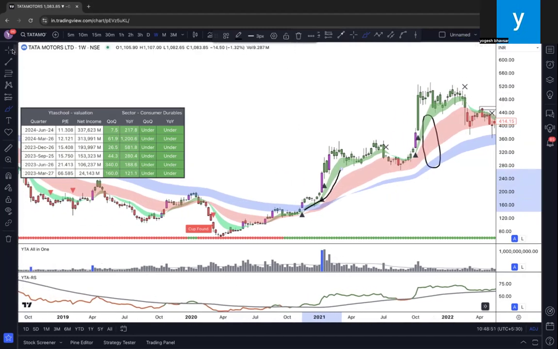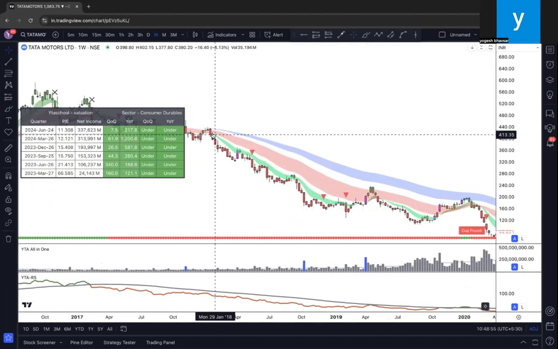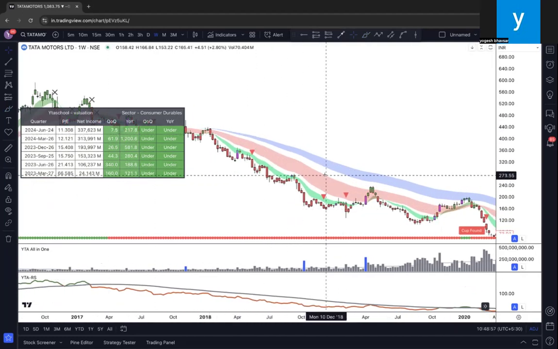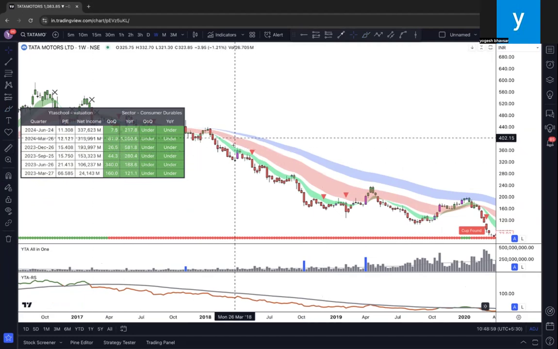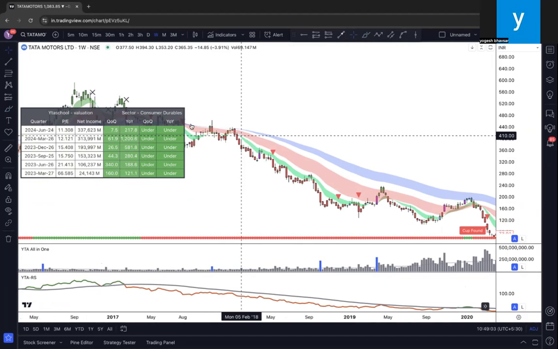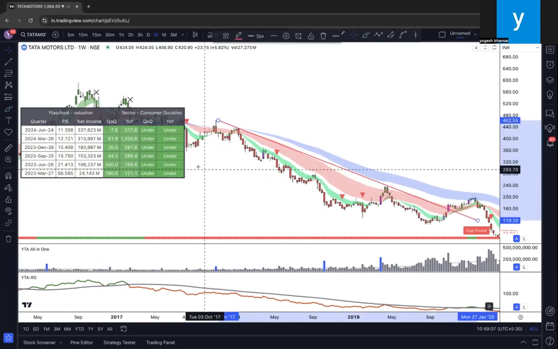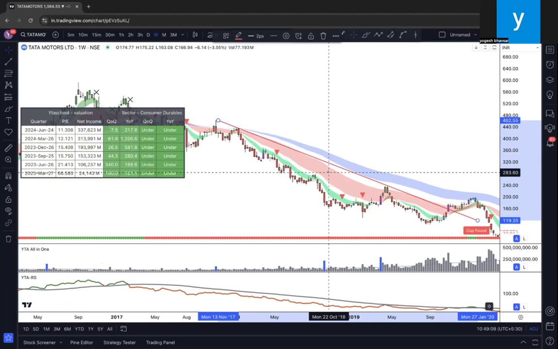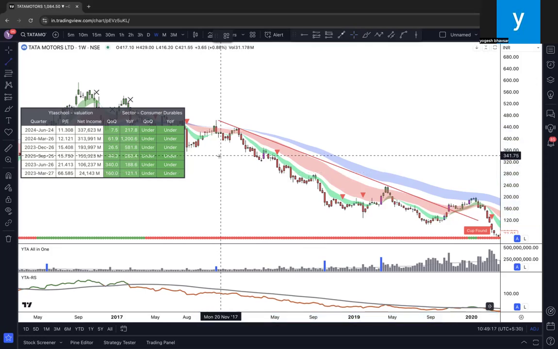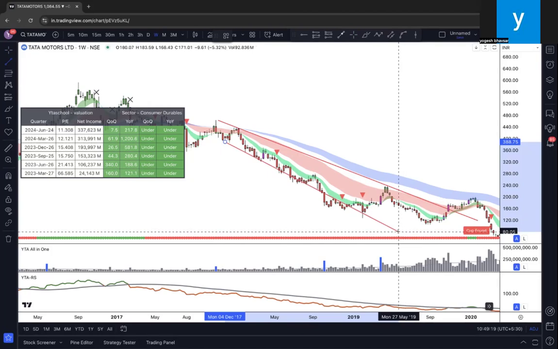Whenever the candles cross from the top, it goes down. So basically the concept says if green is below red, red is below blue, the trend is down, and the red candles help us understand that green is below red, red is below blue, and the candles are red.